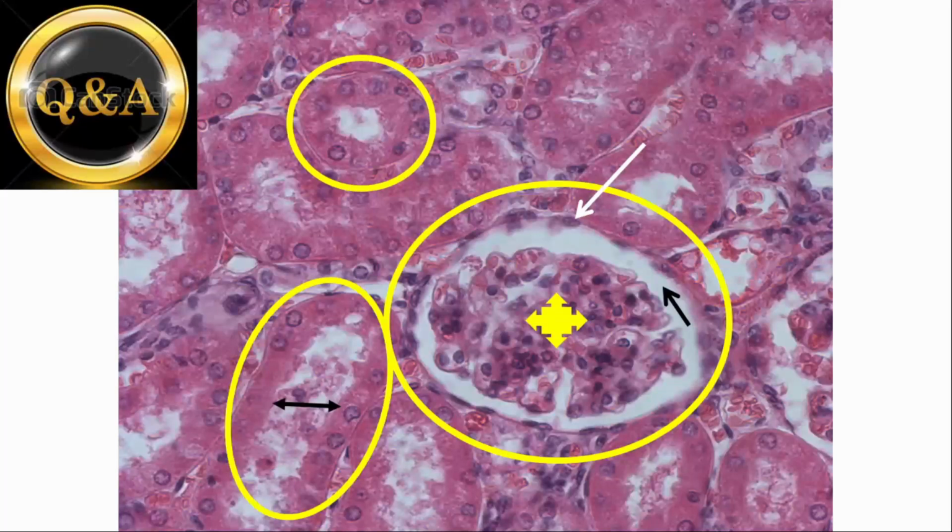And inside this circle, we can see a cross-section of a tubule which is different from the proximal convoluted tubule. This is the distal convoluted tubule, and you can see that it is also lined with a simple cuboidal, but the lumen is narrower.